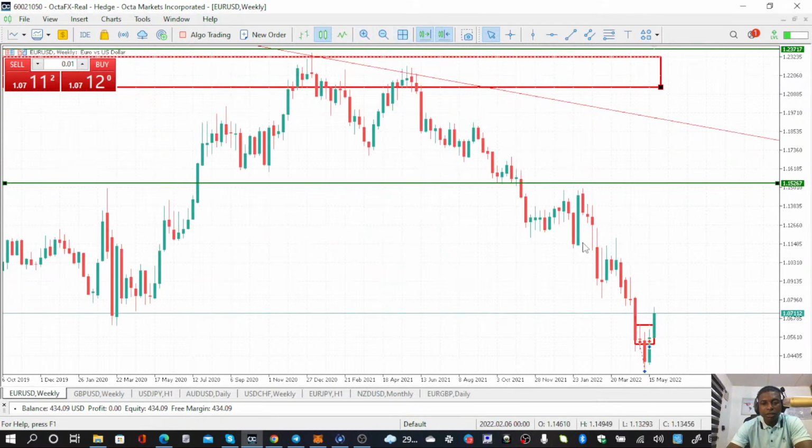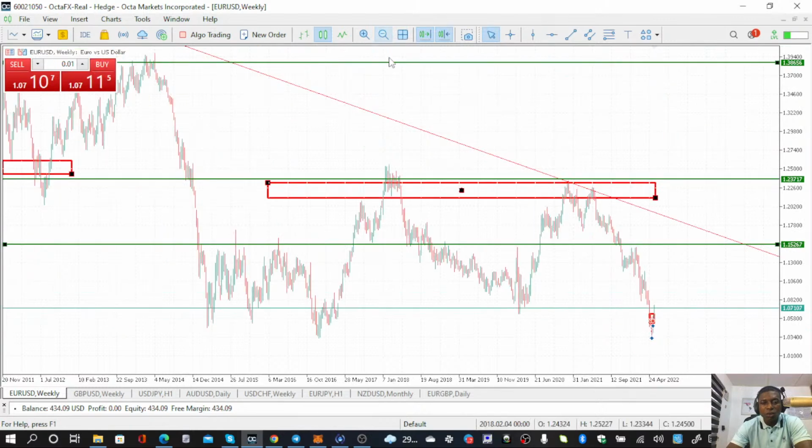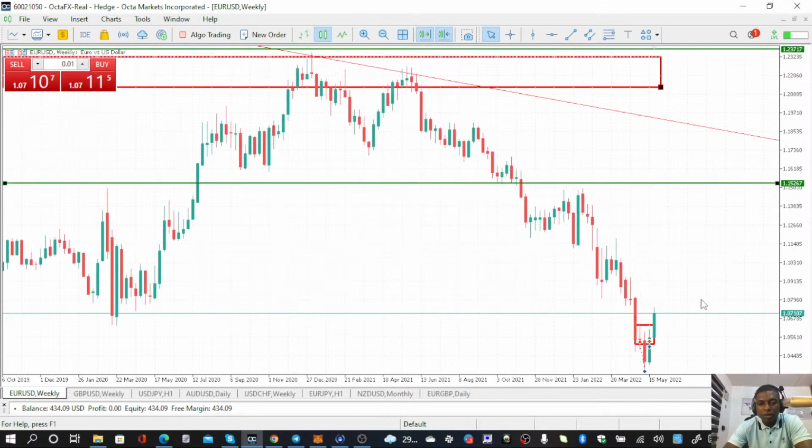Something happened on the weekly time frame where there is a bullish momentum in the past 2 weeks. So this week, which is rounding up tomorrow, and last week ended up bullish, and it closed a bit above this level.